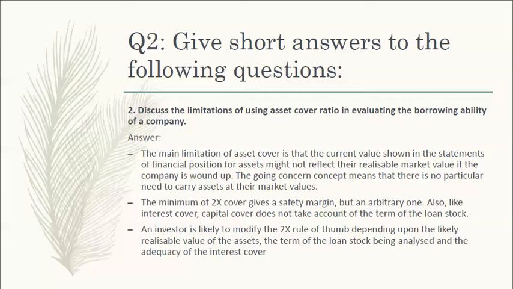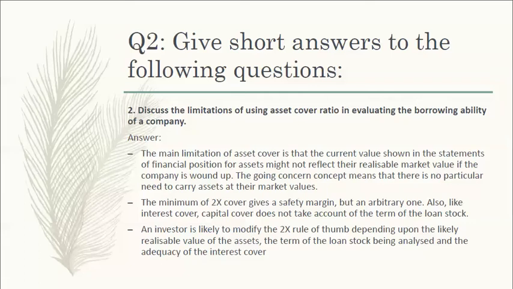Second, the minimum of 2x rule cover gives a safety margin, but it is an arbitrary one. Third limitation, that investor is likely to modify the 2x rule of thumb depending on the likely realizable value of the assets. So these are the limitations of using asset cover ratio in evaluating the borrowing ability of the company.